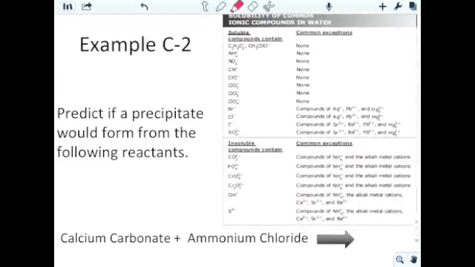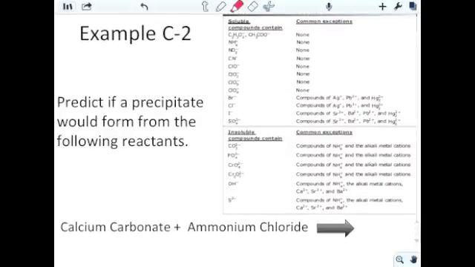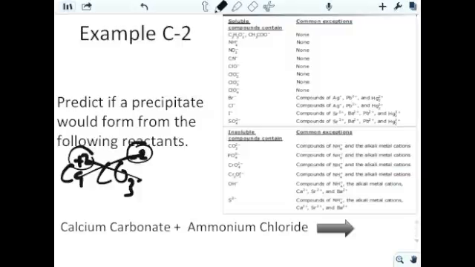Next example. We see that we have our calcium carbonate and ammonium chloride. So calcium carbonate, we have our CaCO3. Ca is plus 2, carbonate negative 2, crisscross, and since they're both 2 and 2, the ratio is 1 to 1, so CaCO3 plus our ammonium chloride.